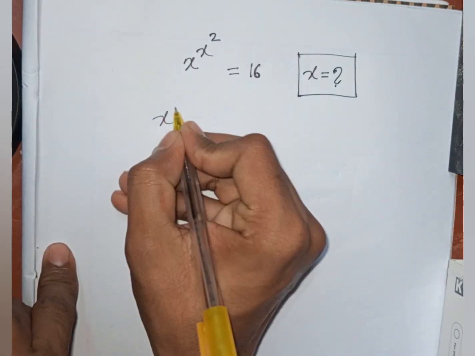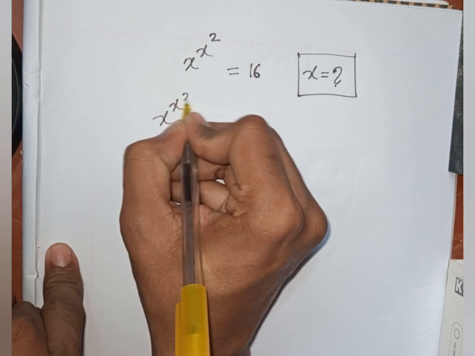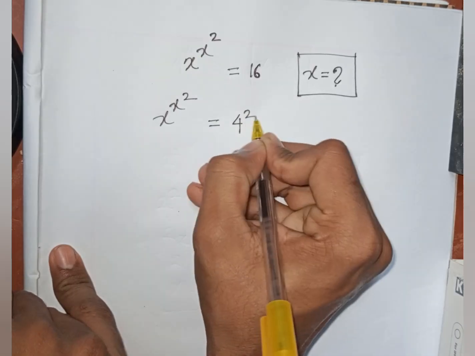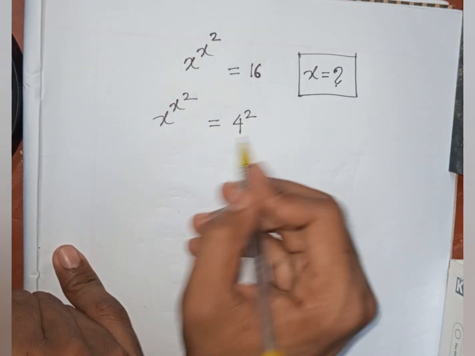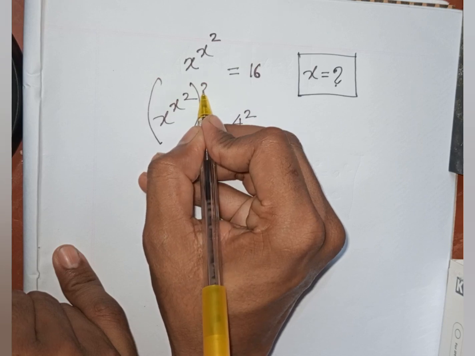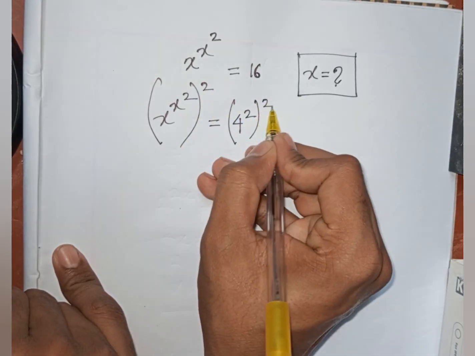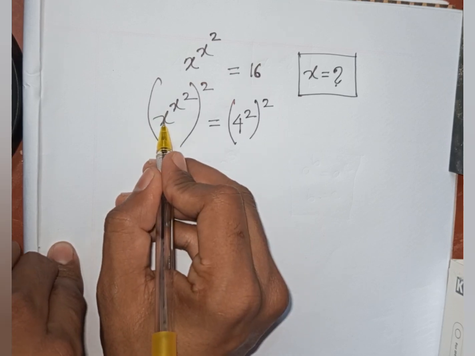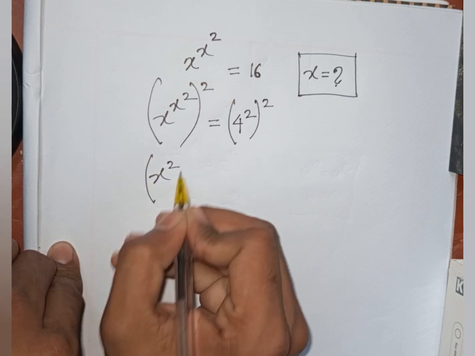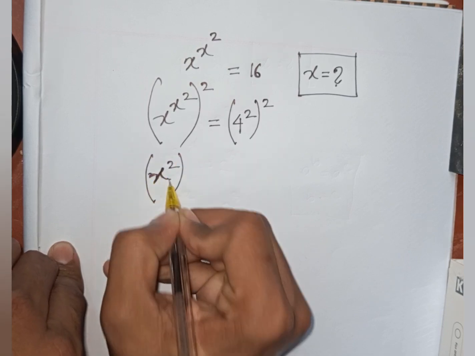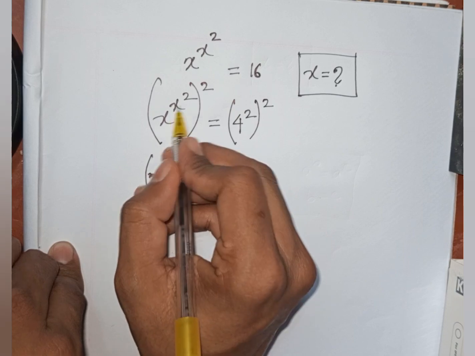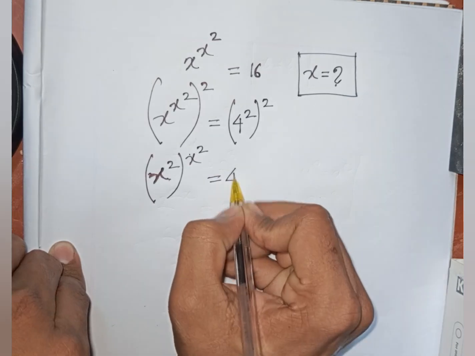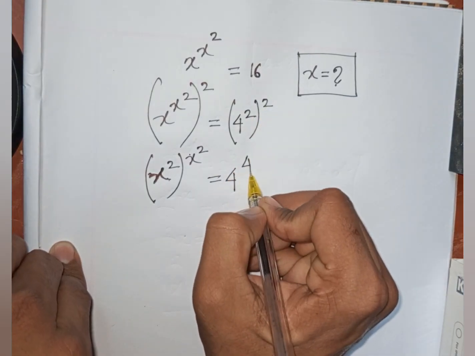So, we have x^2 = 16, which is the same as 4^2. Now we raise to the power of 2 on both sides. So, (x^2)^x... that is, (x^2)^2 is equal to 4^(2 times 2), that means 4^4.